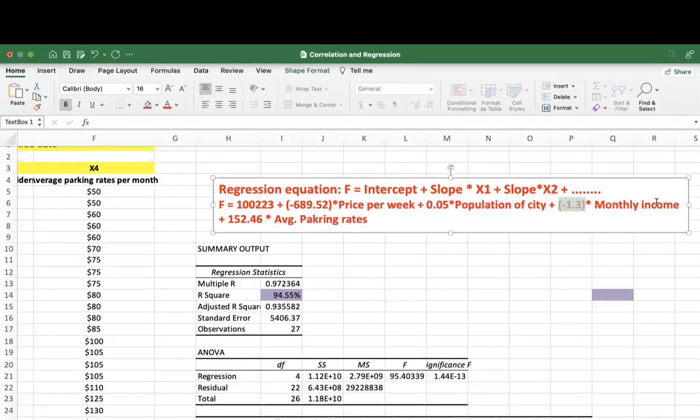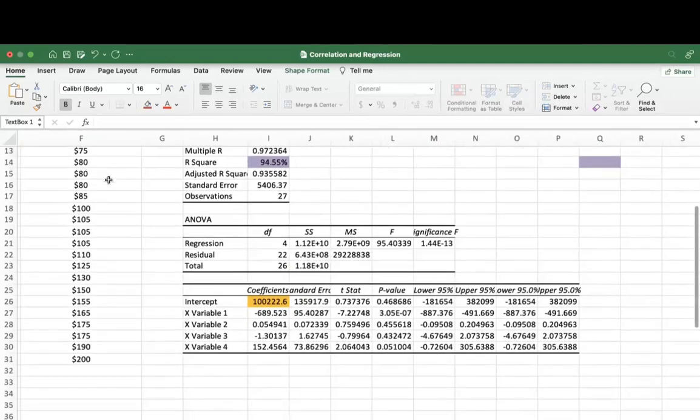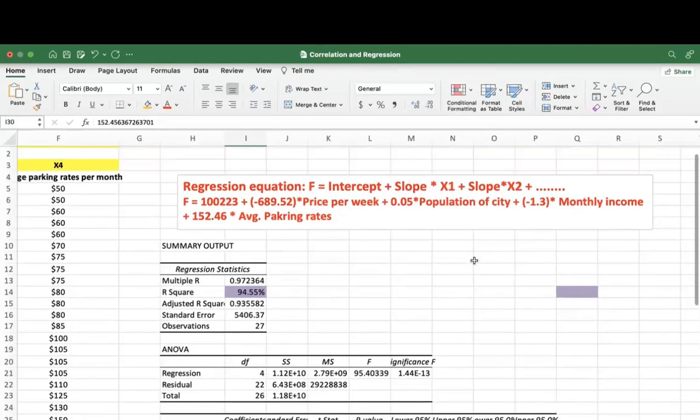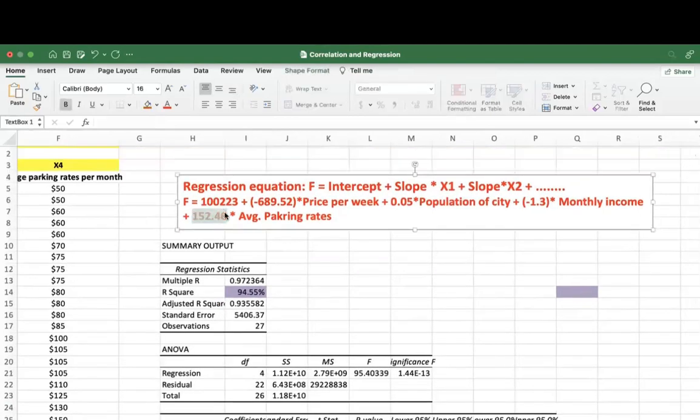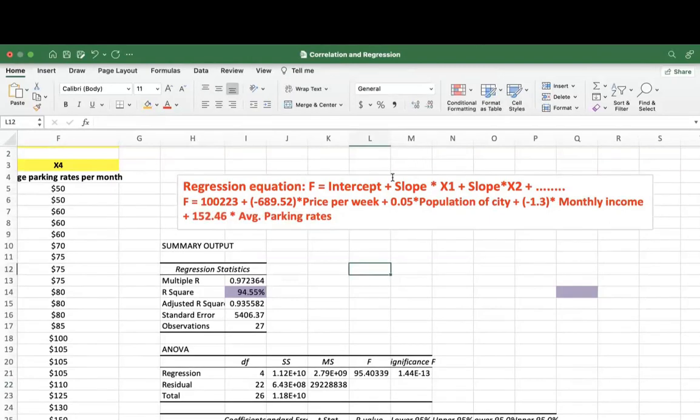And the last one is this variable x4, that's average parking rate per month. For this one, the slope is 152.45, which becomes 152.46 if you round it off, multiplied by average parking rates. What is the utility of this equation?